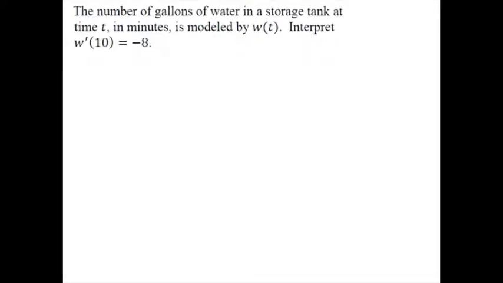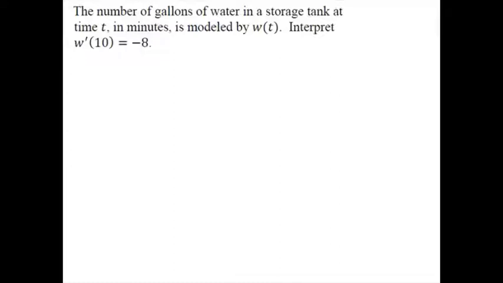So let's do one. We have the number of gallons of water in a storage tank at time t in minutes modeled by W of t. They want you to interpret W prime of t equals -8.